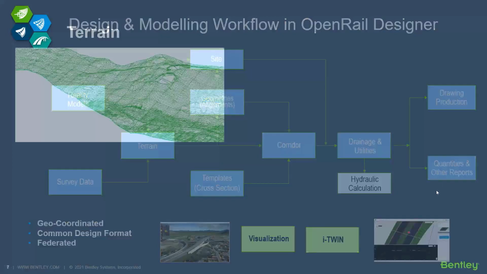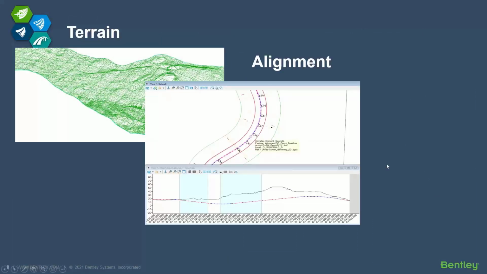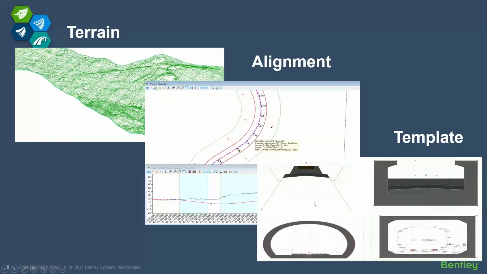Now, as I've mentioned, we also would need to start with a terrain model. Then our alignment would reference the terrain model so that you can lay out your horizontal as well as your vertical alignment. Then, together with the template, these three components are the basic requirements for you to create a corridor model.